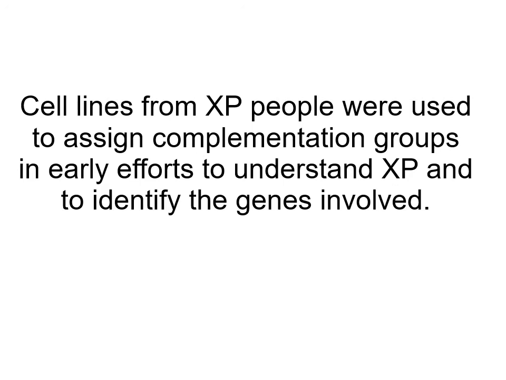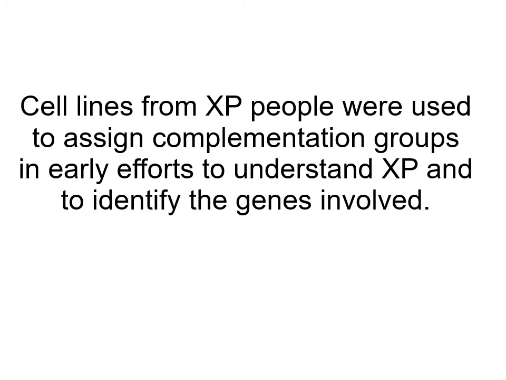All right, so this is where things get a little weird. We're going to use cell lines from XP people to assign complementation groups. These are cell lines that can be purchased, they're available, and they're known cell lines which are deficient in XPA, B, C, D, E, F, G as a group, right?